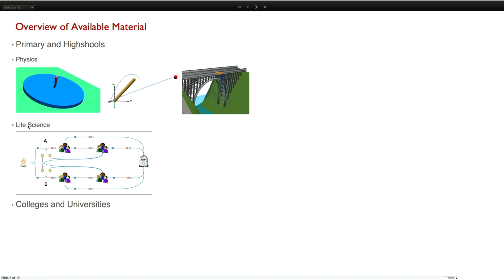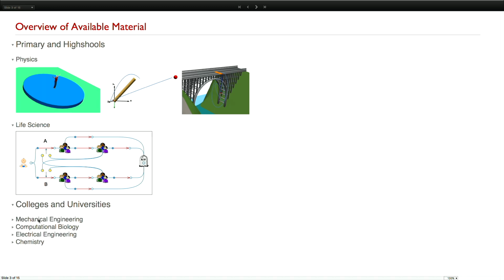I will use the bungee jump example to illustrate how it's used for teaching. And within life science, Anna Palmer developed models for population dynamics, studying things like the spread of malaria. Patrik will show that later on.